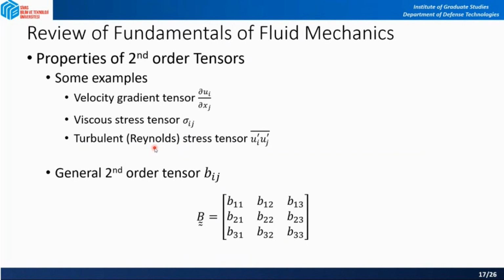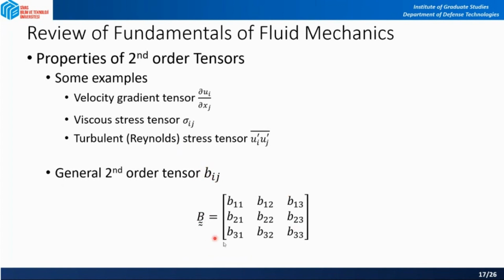So one of the properties of, let's consider that you have a general second order tensor, tensor B, and in the index notation you show it by a small b ij, right?